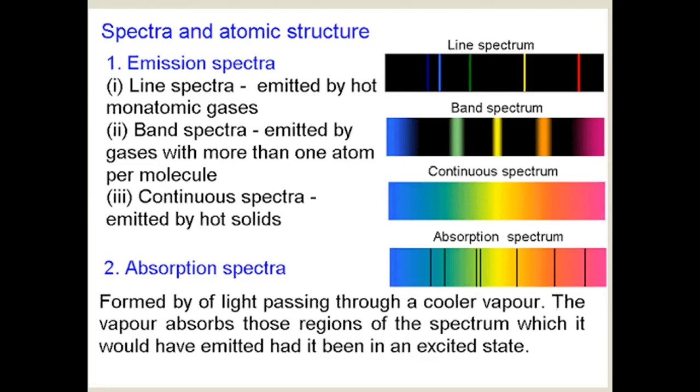Whereas in line spectrum, suppose light from a hot gas is allowed to pass through a prism, certain lines are observed. These lines are seen to be discontinuous. You have one line and then another line, and you have a black or dark area in between the lines. So it's not continuous, it is discontinuous. Why do we get such?